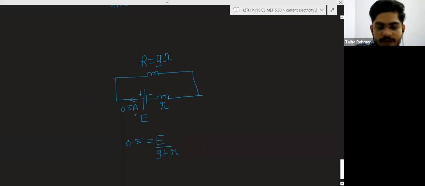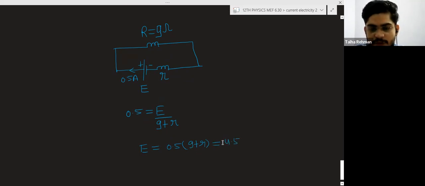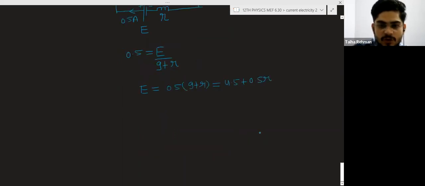So from here you can find the equation of EMF: E is equal to 0.5 times 9 plus r, and when you multiply it you will get 4.5, and here you will get 0.5 r. So this is the equation of EMF: 4.5 plus 0.5 r. This is equation number 2.